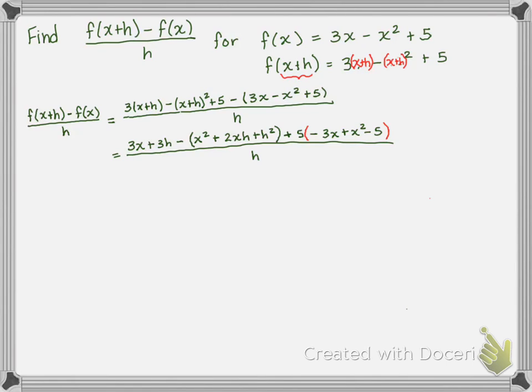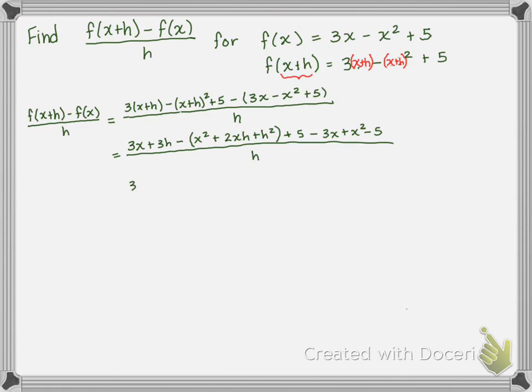Like in this case, it looks like it's 5 times that whole thing, but it's really just 5 minus 3x. So you just want to be careful that when you actually distribute the negative or whatever numbers in front of the parentheses, you drop the parentheses because you don't need them anymore. And that keeps your operation straight.